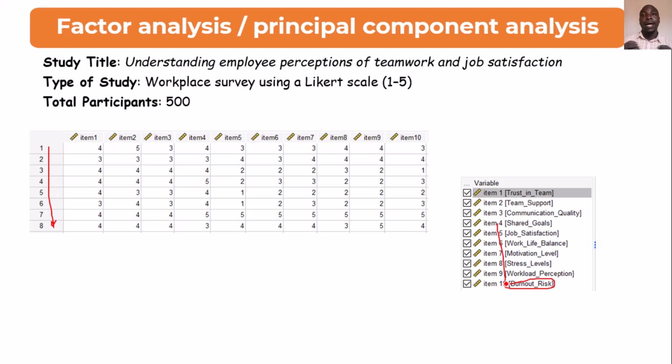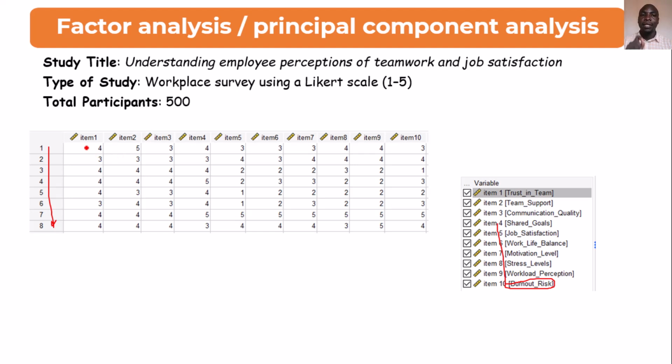So if you were to analyze these 10 questions the way they are, they would carry little meaning to you. So that is where we need a method like factor analysis to help us. Let us also assume that in our survey, we are using a standard tool developed by a group of researchers consisting of these 10 questions.